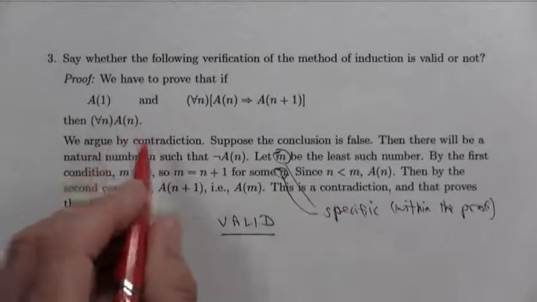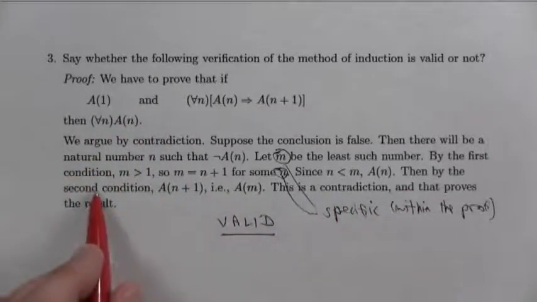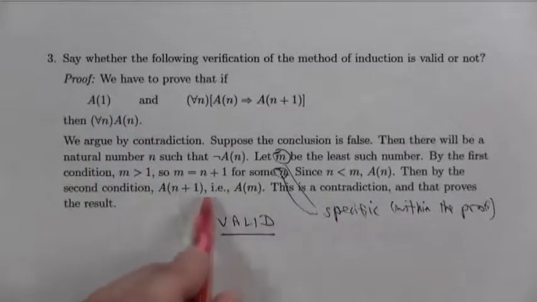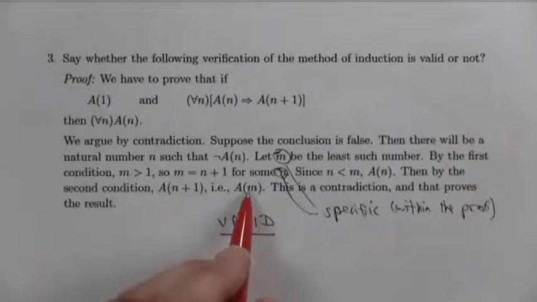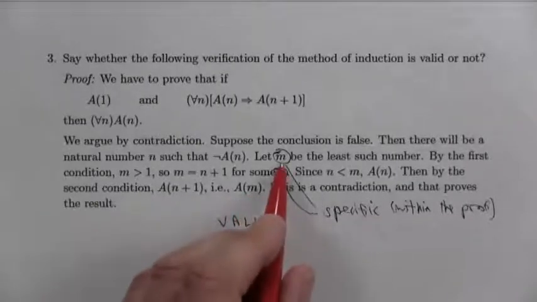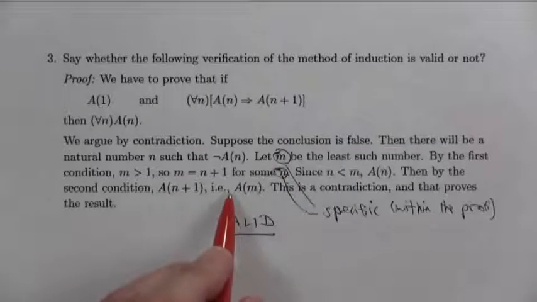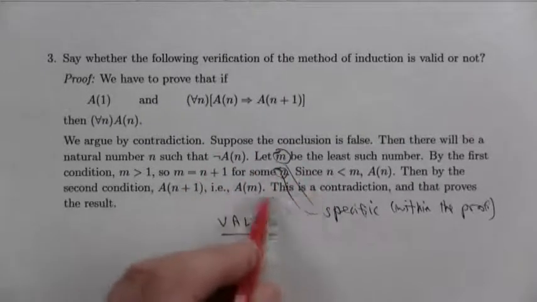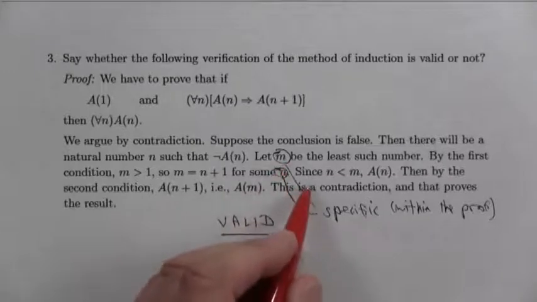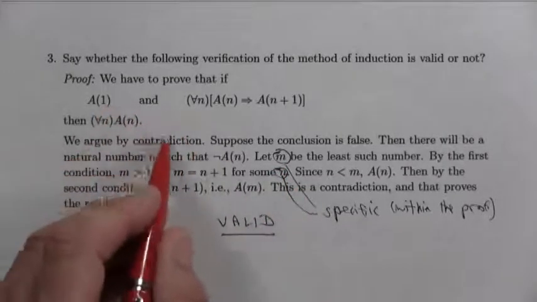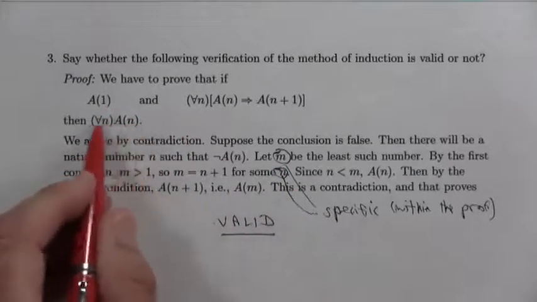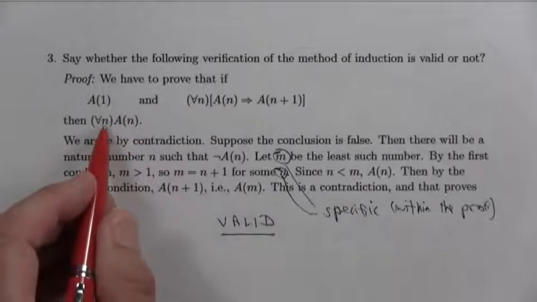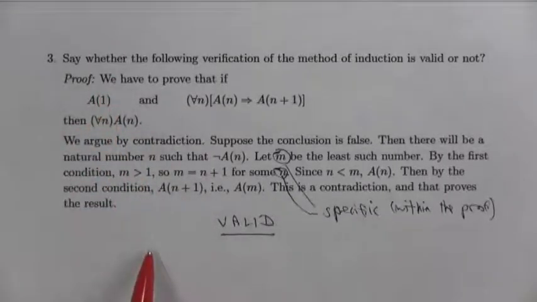Up here, it's just a general n. So everything here is specific. Now, in fact, there never was such an m, and hence there never was such an n, because the conclusion as a result is valid. But within the context of this argument, these guys are specific. Here, this is a variable, it's quantified. In any case, this is true.